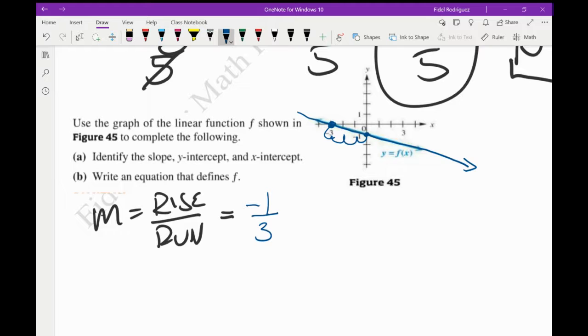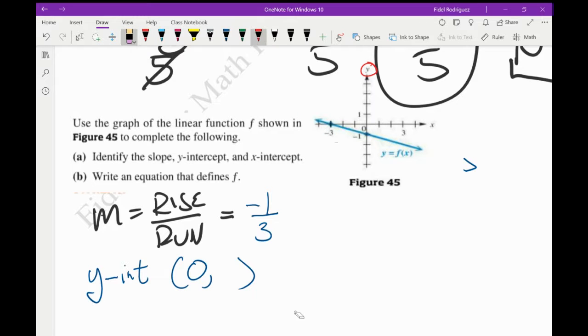Okay. And then we're going to find the y-intercept. So the y-intercept is always going to be the point 0 and then remember, when we talked about the y-intercept, we said it's always going to be the point on that line. So in this case, the point on this line is at negative 1. So there's my y-intercept.